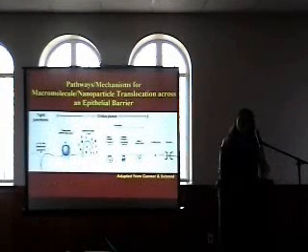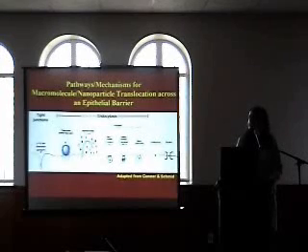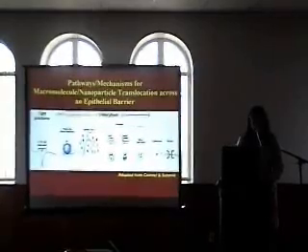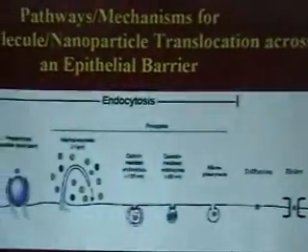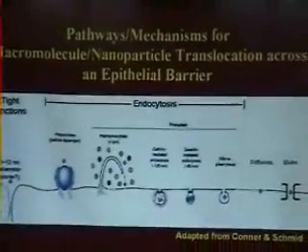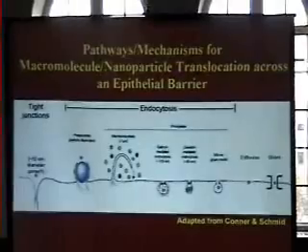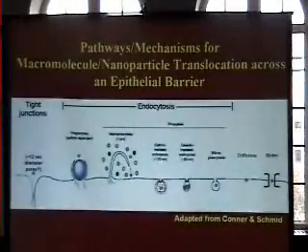One of the main objectives of this research was understanding the mechanisms of transport of these particles across the alveolar epithelial cells. In this cartoon, I summarized the different ways that nanoparticles or macromolecules can go through any known epithelial barrier, including rat alveolar epithelial cells.